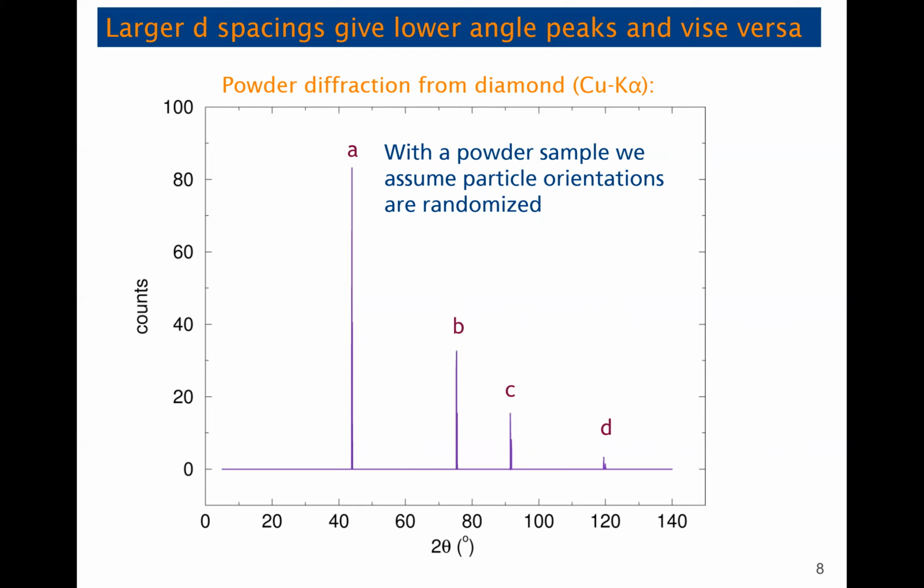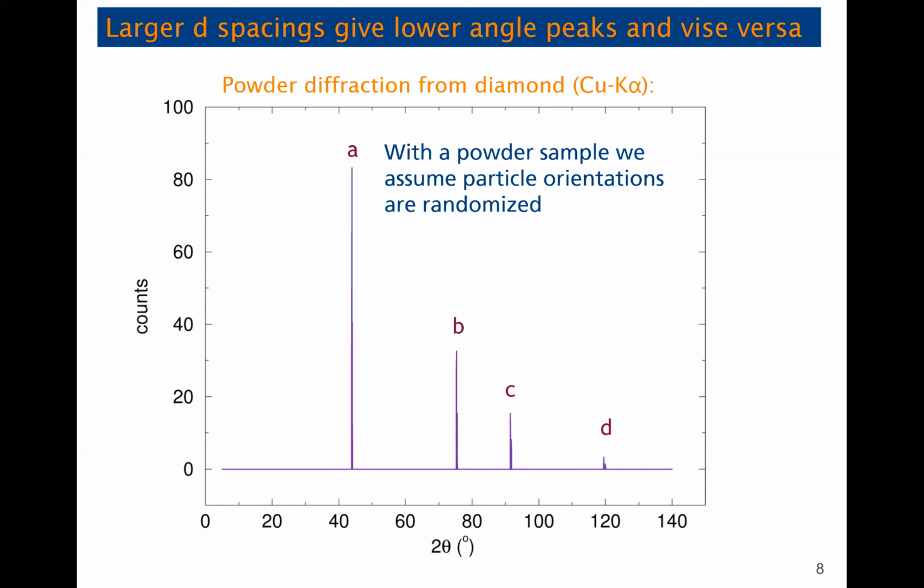So we don't have to shoot our X-ray beam from a bunch of different angles to characterize the symmetry of the system when all the crystals are randomly oriented. So in a powder X-ray diffraction experiment, we shoot the beam on one plane, and we only have to move the detector along one axis to catch all the diffracted beams.